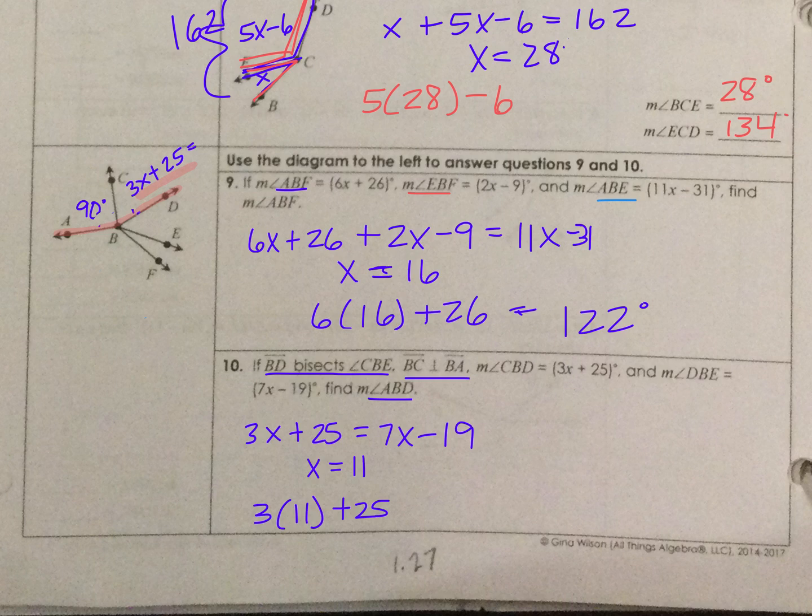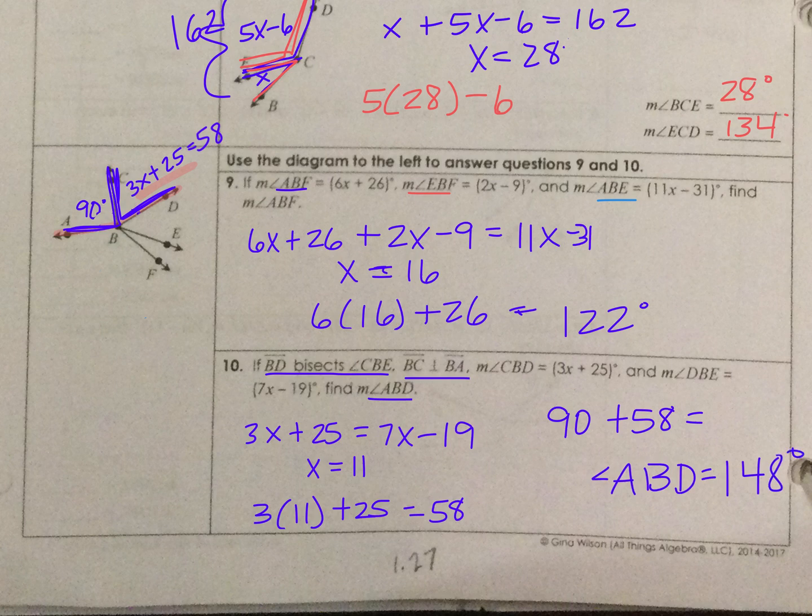And that number would be 58. So if this part is 90 and this part is 58, a part plus a part is going to equal the whole thing. ABD is what we're looking for. It will equal 148 degrees. Thank you.